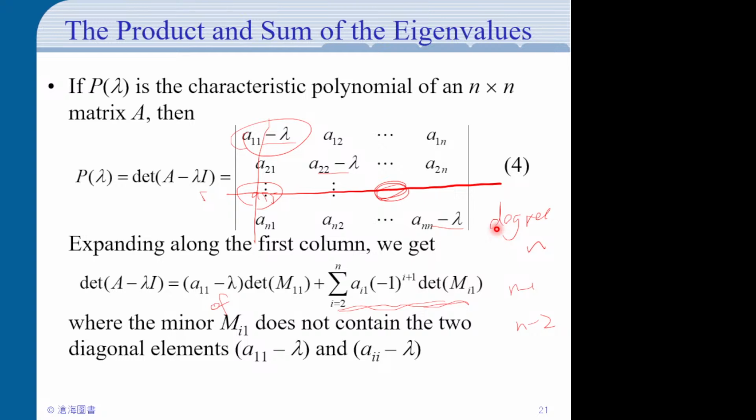Okay, and as we see, the only terms that contain lambda are those diagonal terms: a11 minus lambda, a22 minus lambda, etc., all the way to ann minus lambda.